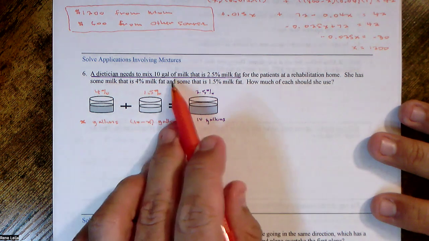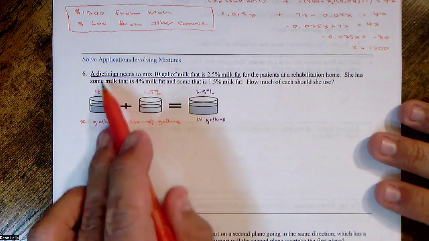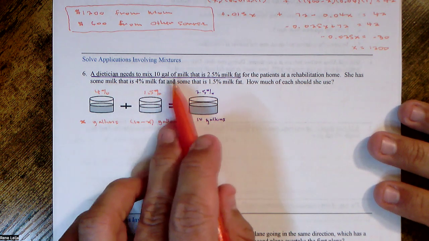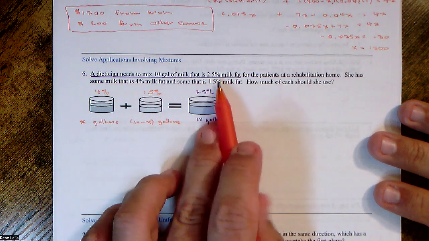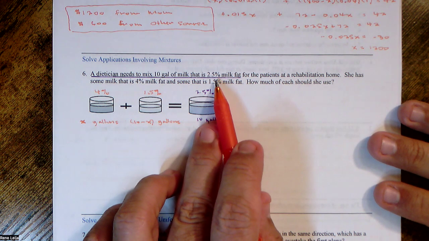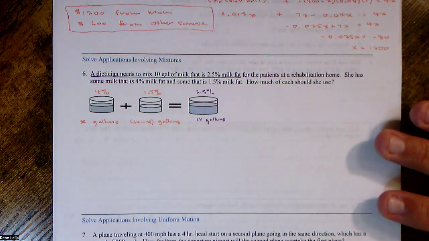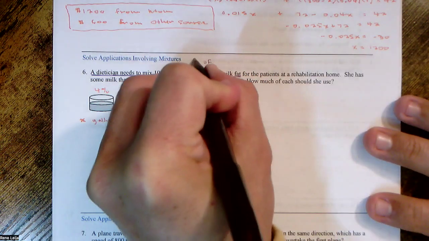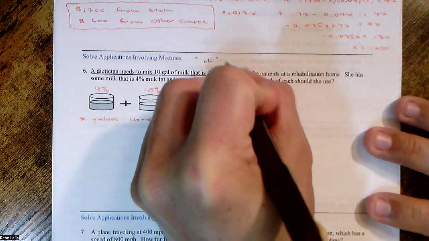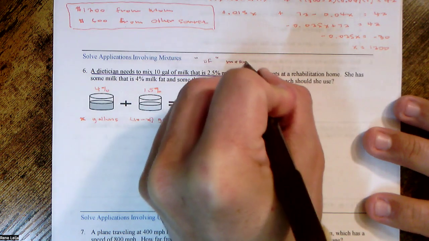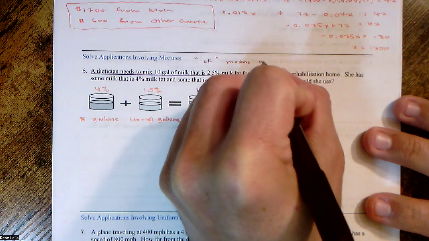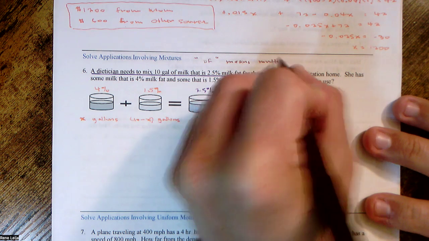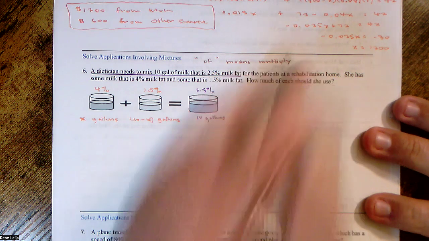Notice this problem. A dietitian needs to mix 10 gallons of 2.5% milk fat. The word "of" means to multiply. Okay.